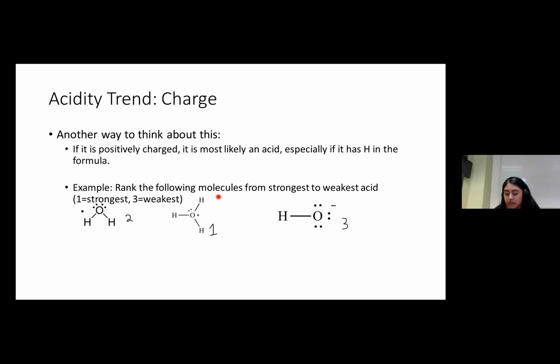For instance, this one has a positive charge and has H's in the formula. If this molecule were to lose this H, it would be neutral, and we know lesser charge is better. So we can figure out that this is very acidic. This is just H3O plus, which you know is an acid. So if it's positively charged, it's more likely to be an acid.